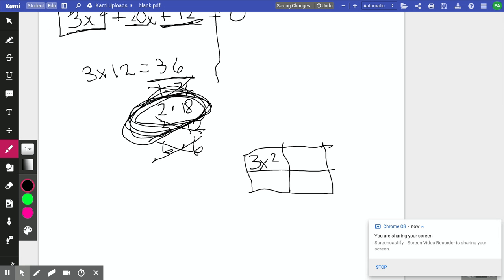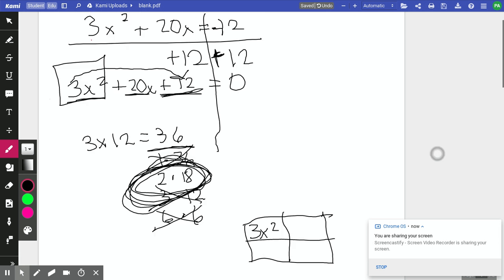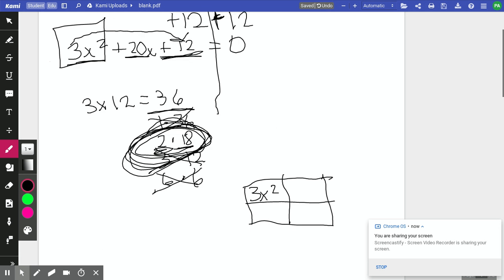And then for your second and third box, you put in your two factors that you just found. You can either put the 2 in this box or the 18 in this box. It really doesn't matter. So I'm just going to put 18x in this box and then 2x in this box.